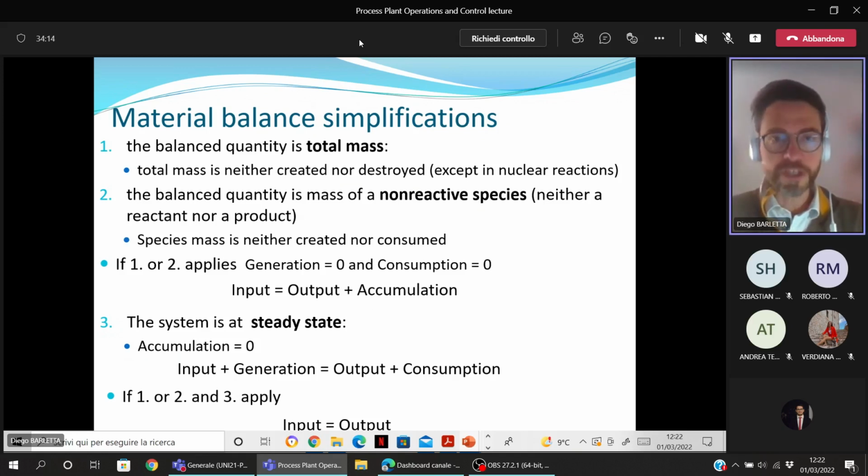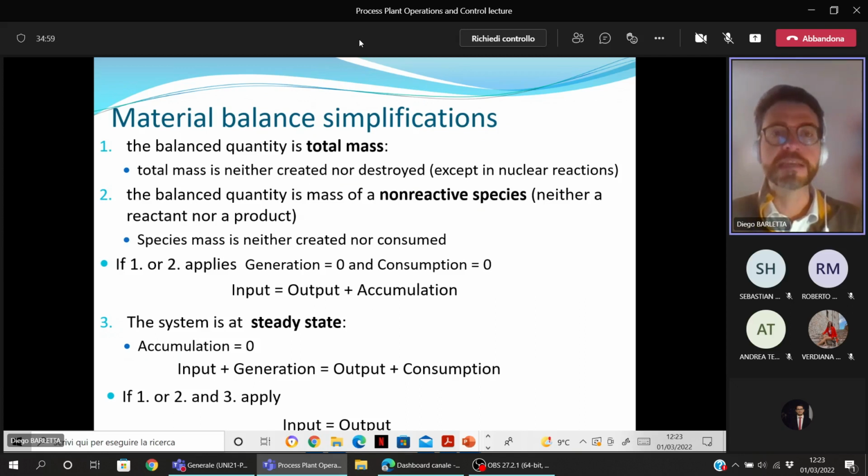Now, in the first assumption, we are considering total mass and the system is at steady state. We have that input is equal to output. But this is also the case in which we are writing a balance on a non-reactive species at steady state. So input equals output applies either for the total balance on total mass at steady state, or for non-reactive species at steady state.